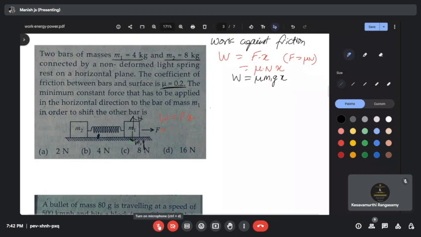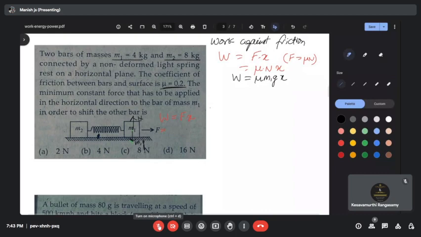We learned this from the previous question. What is the work done for a spring in terms of its spring constant? Yes, the elastic potential energy. It's 1 by 2 kx squared, or half kx squared.